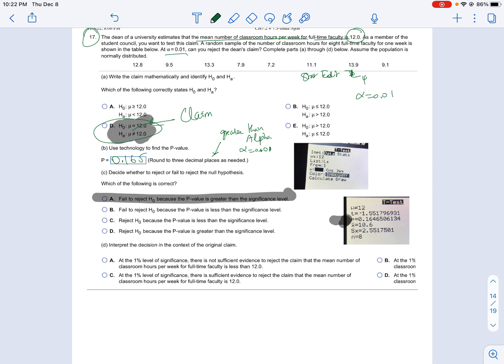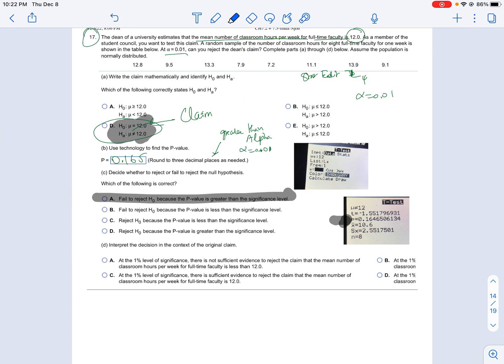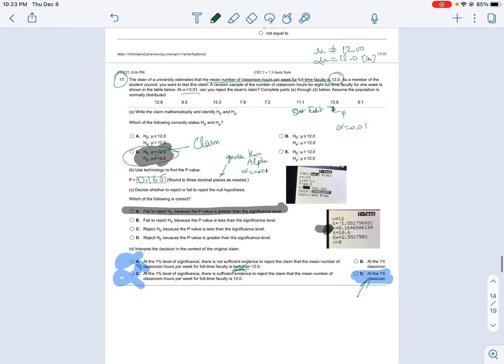So it means that at 1%, there is not sufficient evidence to reject the claim that the mean number is less. No, not less than. That's not right. It's not A, it's not C. It has to be something here, because what messed this guy up is the less than. So I'm thinking the key says D is the answer.